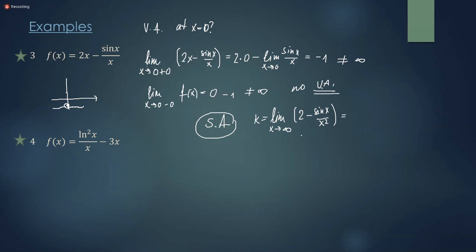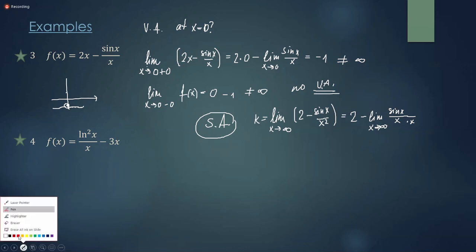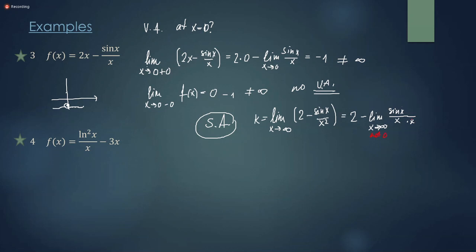And we see that when x tends to infinity, 2 tends to 2, and this other one, sine x over x and divided by x again. As x tends to infinity, you might think that it is something like 1 again, but please note, x tends to infinity. X does not tend to 0 now. So this is not 1.